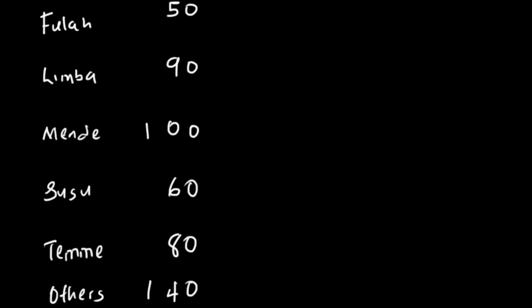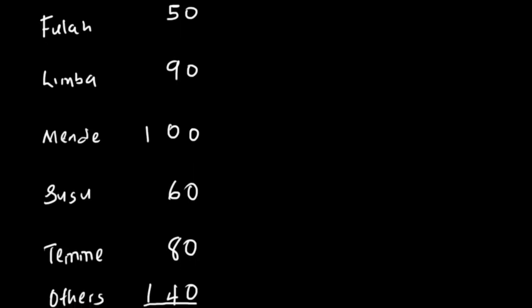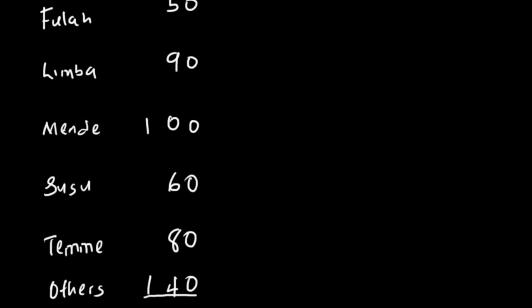Do you understand this? Now the first thing we need to do is to find the total number of people in the ethnic groups. Let's do this. Adding the units: 0 plus 0 plus 0 plus 0 plus 0 plus 0 gives 0.